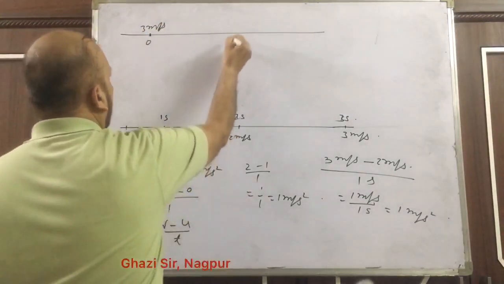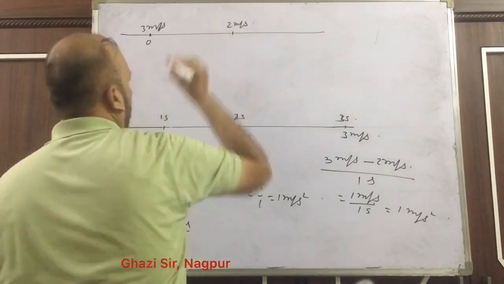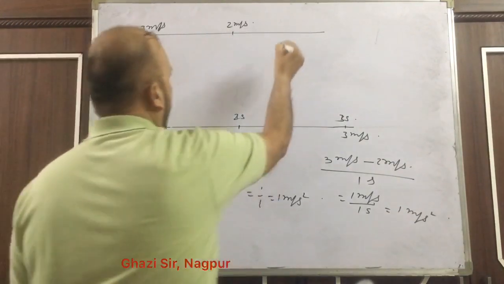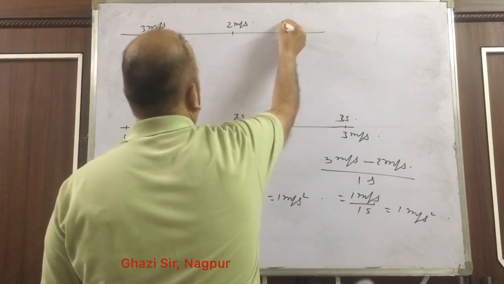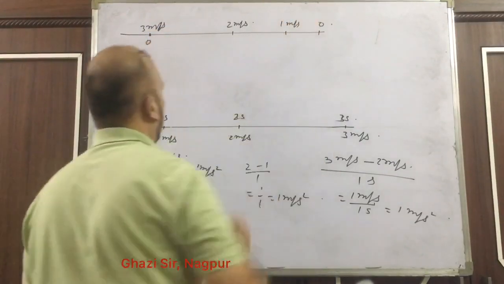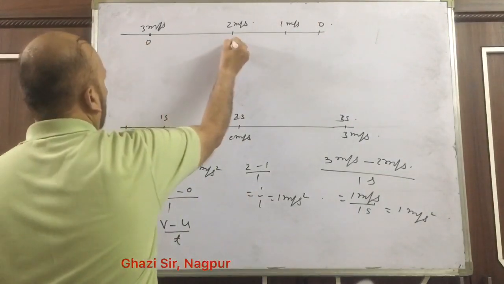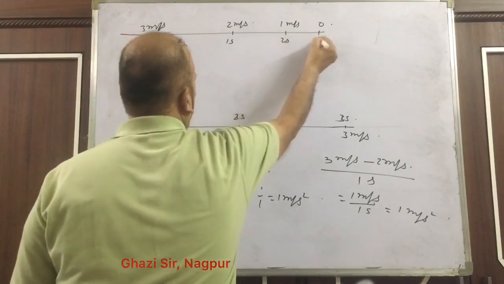After 1 second, suppose it is 2 meter per second. After 1 more second, it is say 1 meter per second, and say stops here, 0. Time is 1 second here, 2 seconds here, 3 seconds here.